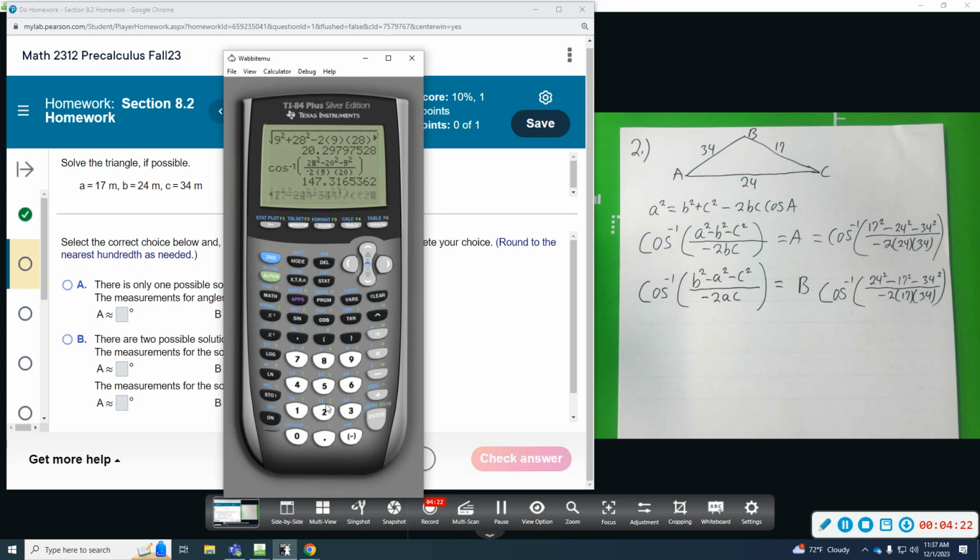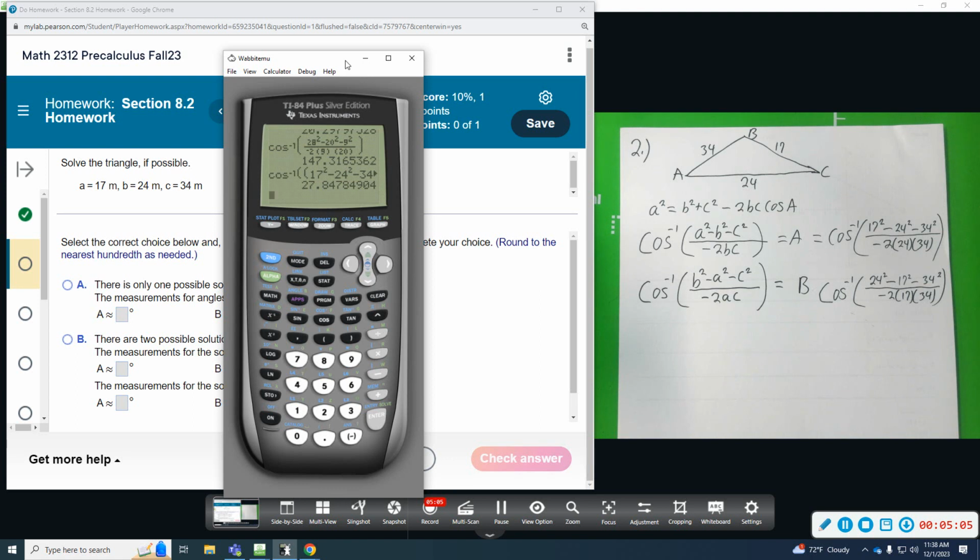And we're going to do negative 2 times the 24 times 34, and then close parentheses for the bottom. And then close it one more time to end the cosine parentheses. So it's telling me I'm done with that function. So I should have 3 open, 3 closed total.